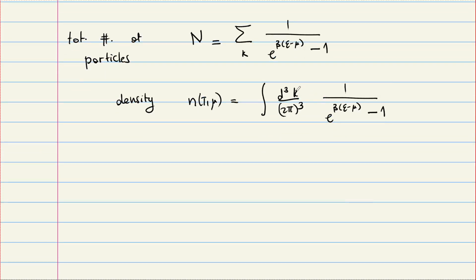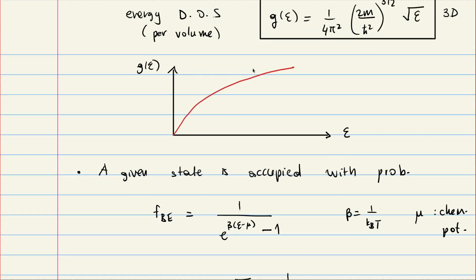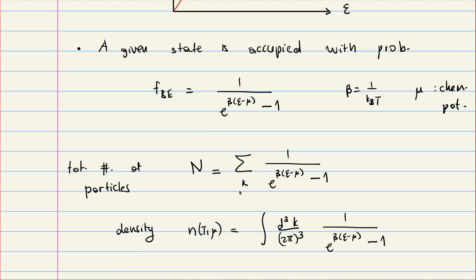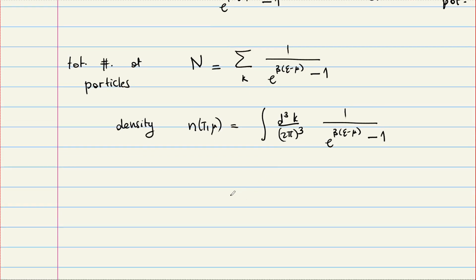And now I can convert, right? By using these expressions, we set d cubed k here equal to this square root of epsilon. We can write it in terms of the density of states. I do exactly what I did there: it's going to be from 0 to infinity, d epsilon, g of epsilon.